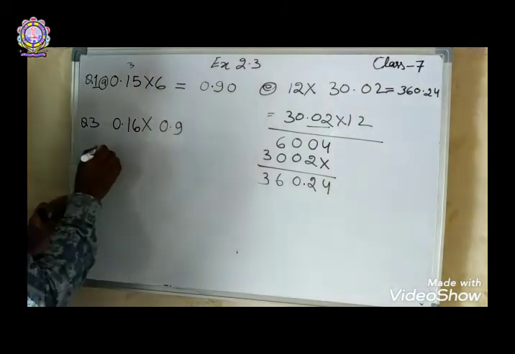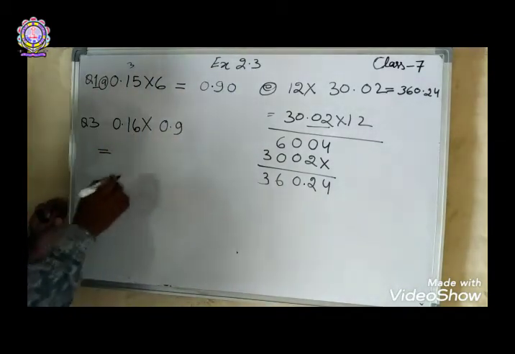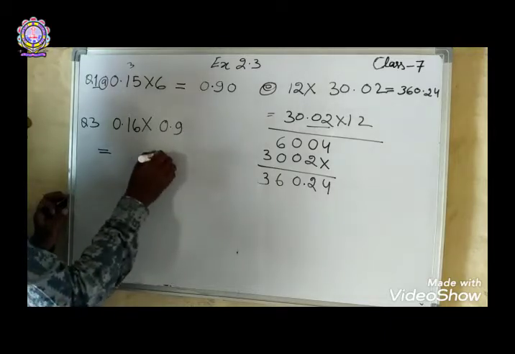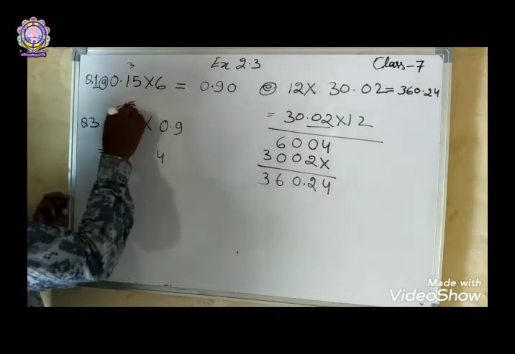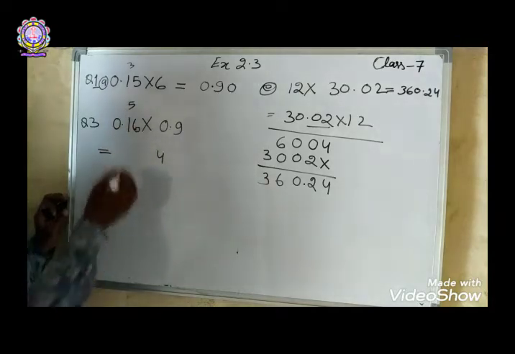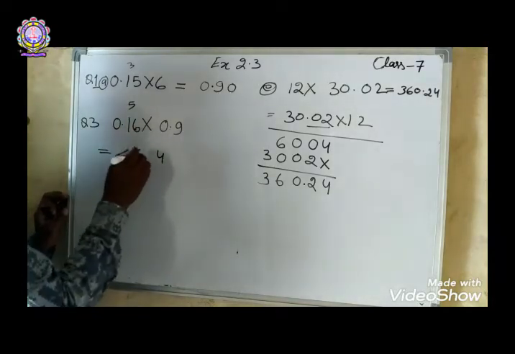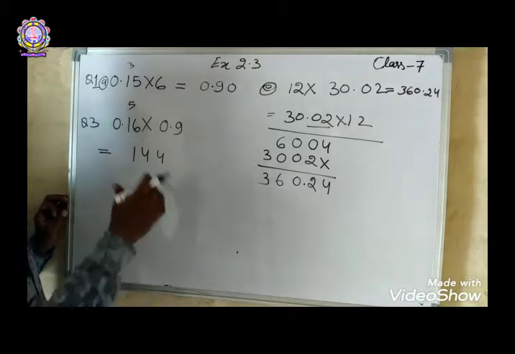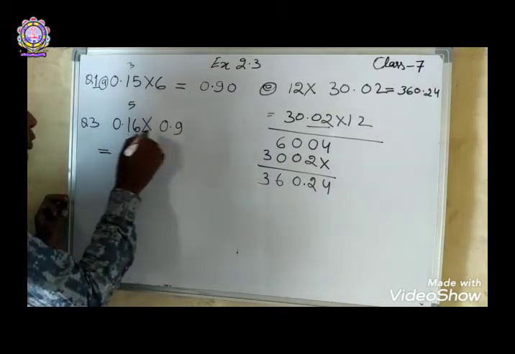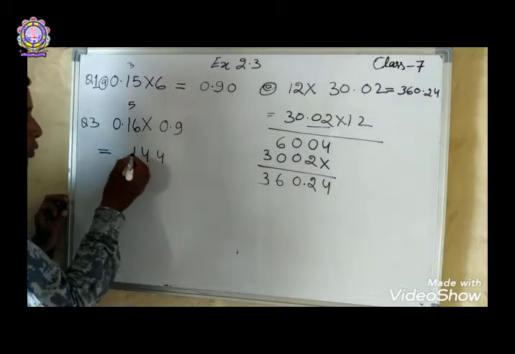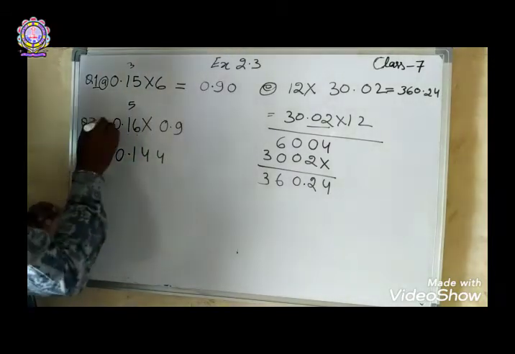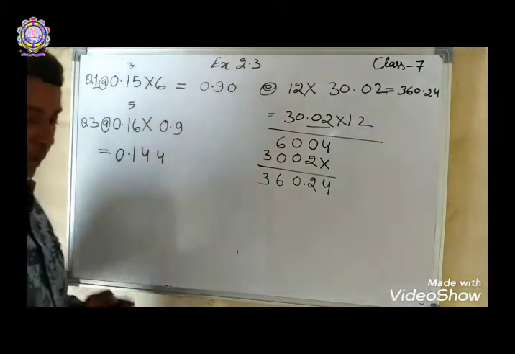So first we multiply as usual. 9 6s are 54, 5 carry, and 9 1s are 9, 14. So now count the digits after the decimal: 1, 2, 3. We put the decimal here, and this is the A part of question number 3.